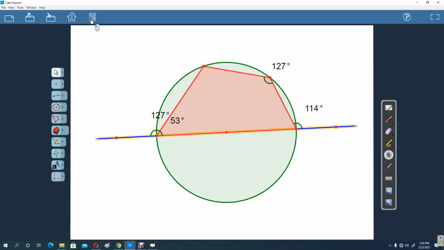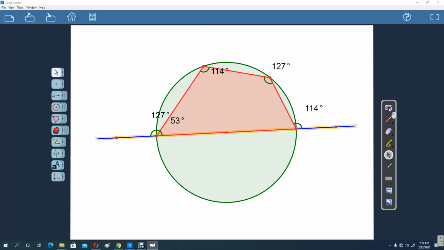Now let's try to measure it. Here we go. Right, and it tells us that it is 114 degrees. So the exterior angle that you draw is equal to the interior opposite angle, and opposite angles in a cyclic quadrilateral add to 180 degrees. And those are the two theorems that relate to cyclic quadrilaterals.